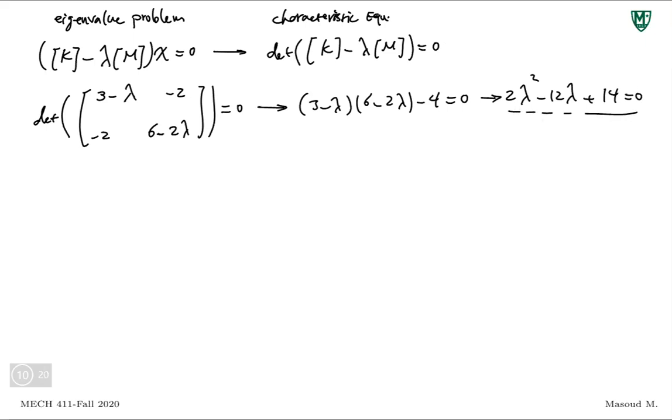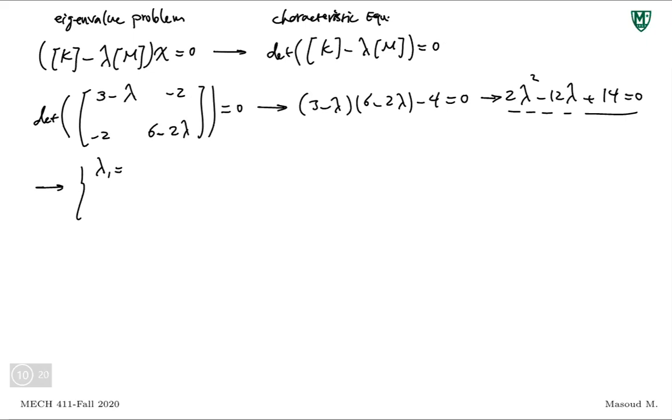The roots of these are eigenvalues, and the square roots of eigenvalues are natural frequencies. We can calculate that with a calculator. This is a second order equation. It pretty much becomes lambda squared minus 6 lambda plus 7, and then you have to find the roots. I did it already.